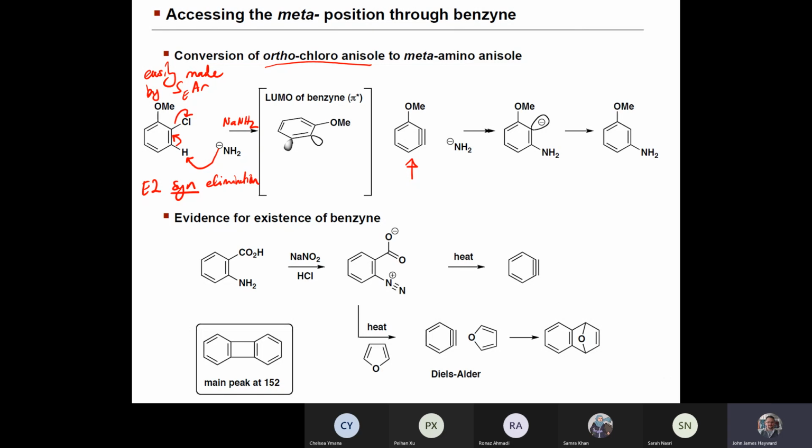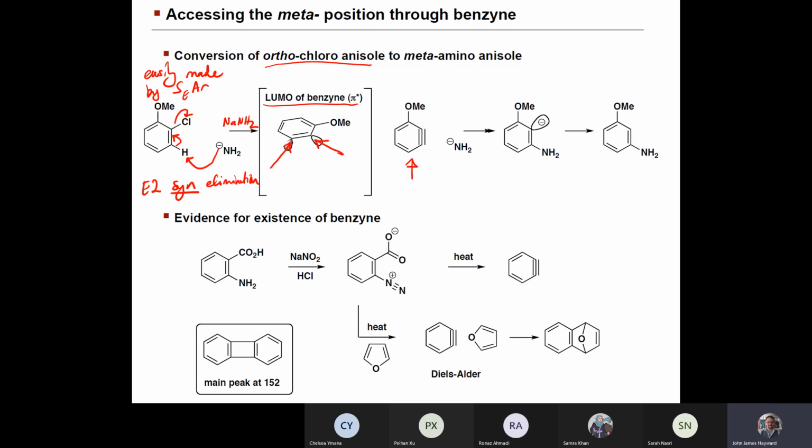This is incredibly reactive, it's incredibly strained, and it's not really a proper triple bond. It's not anywhere near as strong because of the ring strain, because of the distortion that is put into the ring. So what we've shown here is the LUMO, the pi star of the benzyne, and that means that we can get attack into this lobe of the orbital or this lobe here.